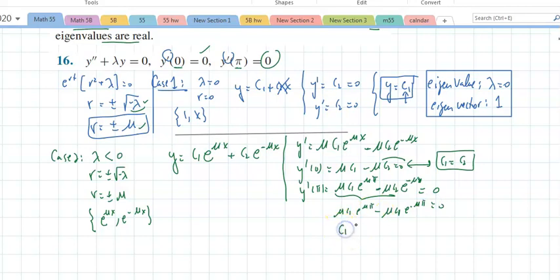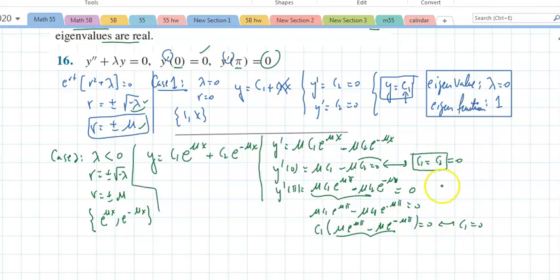If you factor c sub 1 out, that is mu e to the mu pi minus mu e to the negative mu pi equaling 0. If you divide both sides by this constant, you will get that c sub 1 equals 0. That indicates that both of these are 0. Well, if both of those are equal to 0, that would mean this is the trivial case.